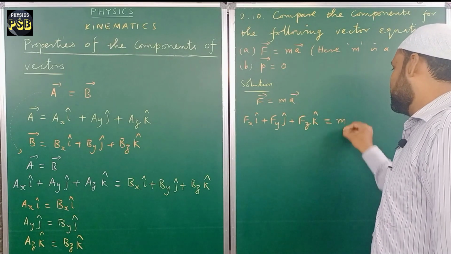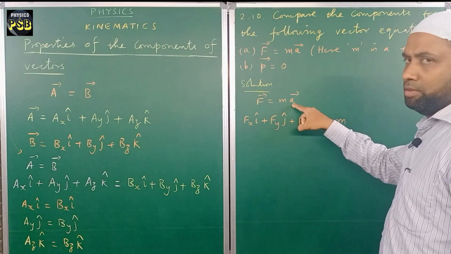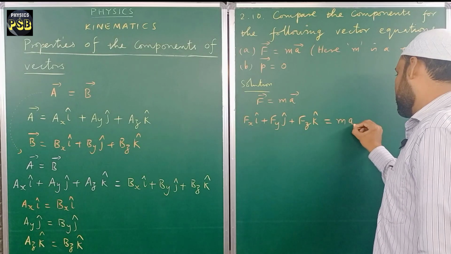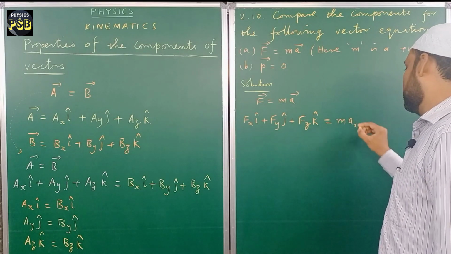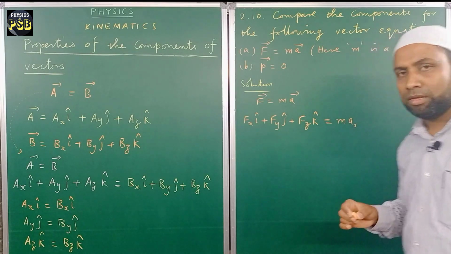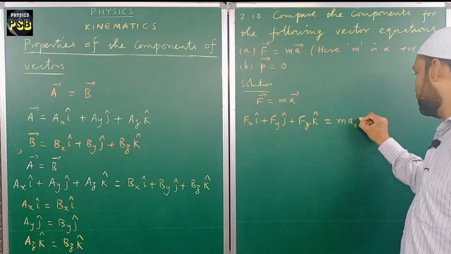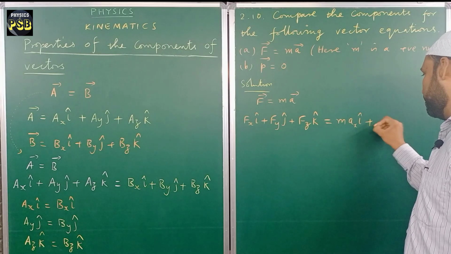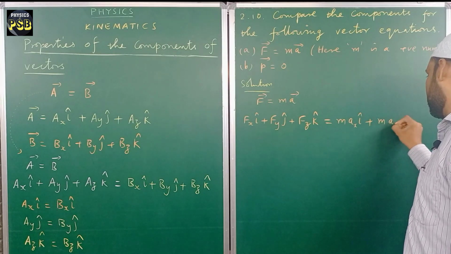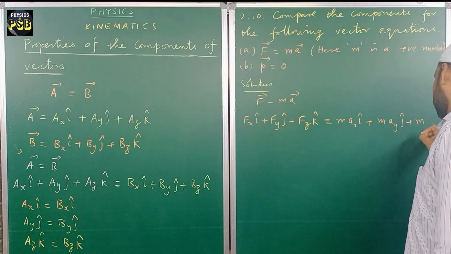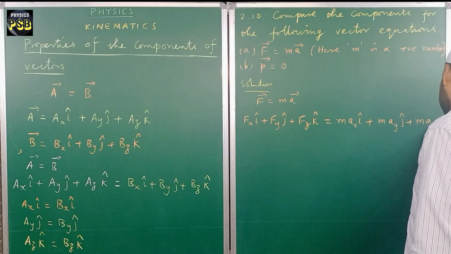So I take it as such, but a is a vector quantity, so it is resolved into its components as ax, ay, and az. So it becomes m ax i cap plus m ay j cap plus m az k cap.